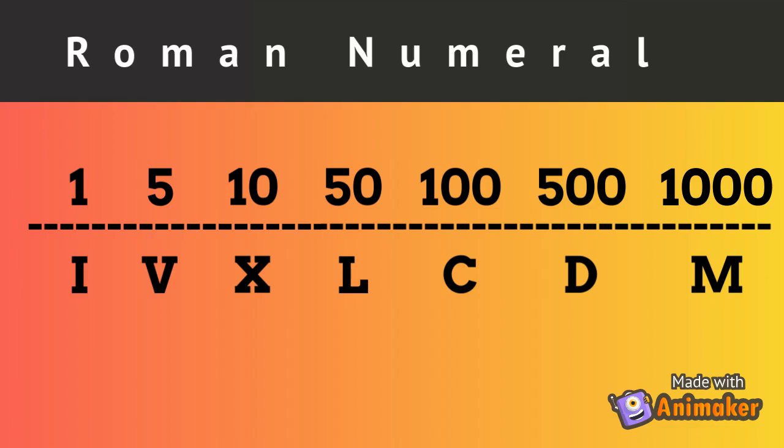And 1, 2, 3, 4, 5, which we generally write, the digits, are called the Hindu-Arabic number system. Here I have given a chart: 1 is represented as I, 5 is represented as V, 10 is represented as X, 50 is represented as L, 100 is represented as C, 500 is represented as D, and 1000 is represented as M. Just pause your video and take a screenshot for our future task.